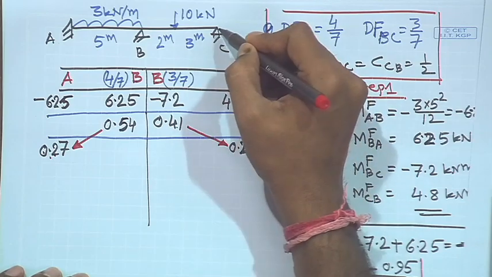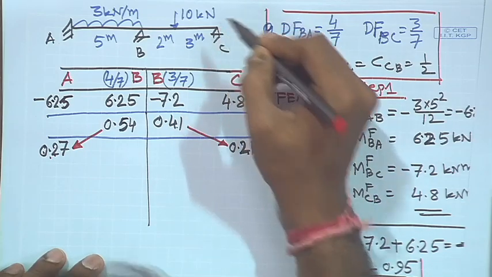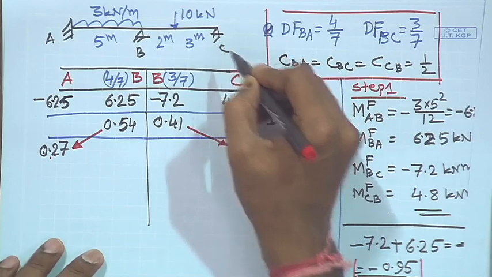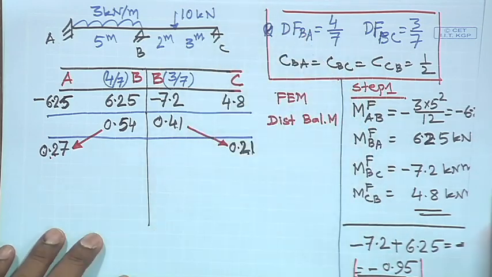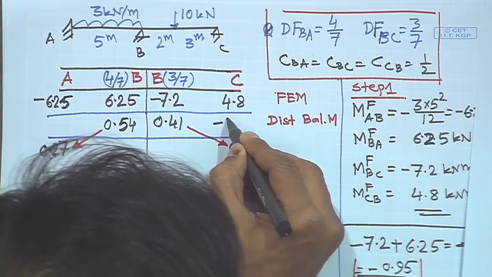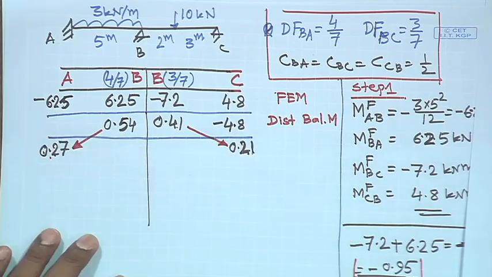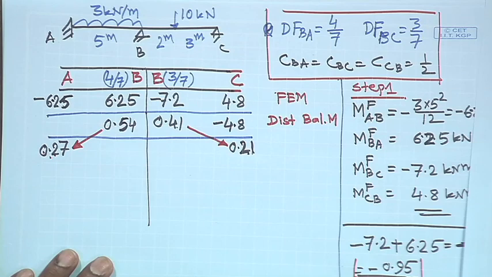The fixed end moment is 4.8, which is fine, but in the actual structure there should not be any moment. In order to satisfy the equilibrium condition at C, we need to apply a minus 0.48 balancing moment.